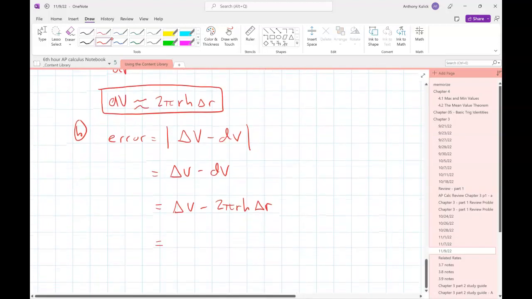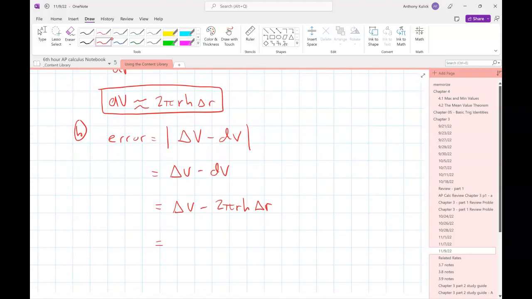Now, the volume here for my pipe is going to be the volume of the outer minus the volume of the inner.